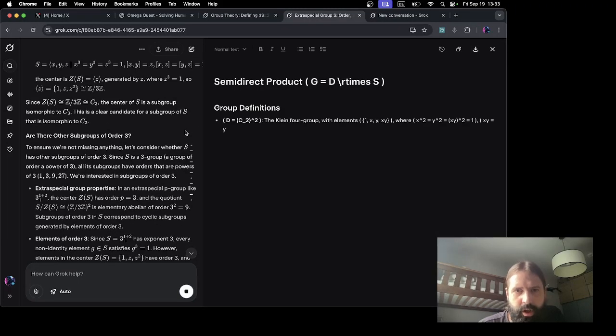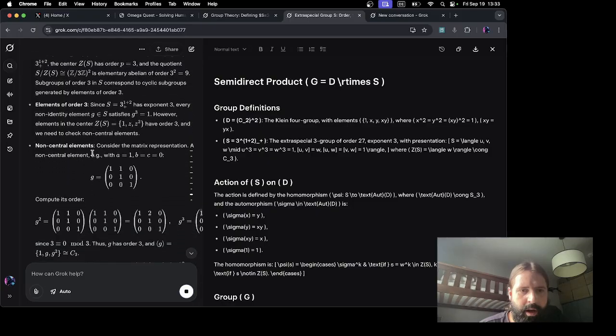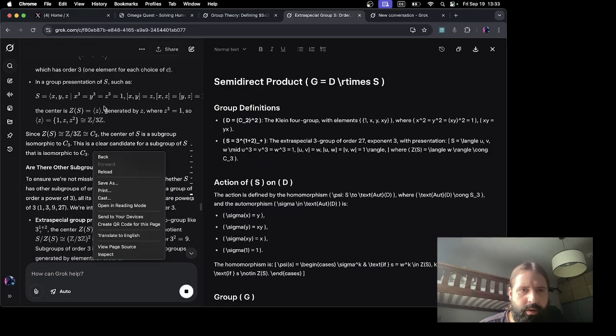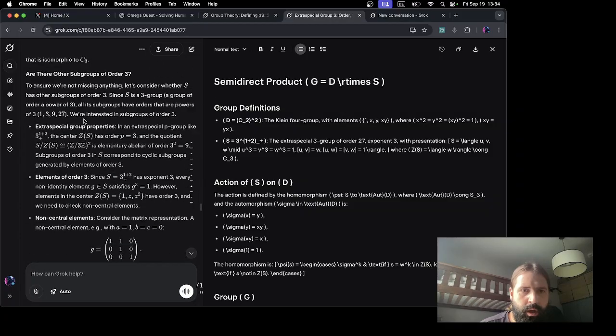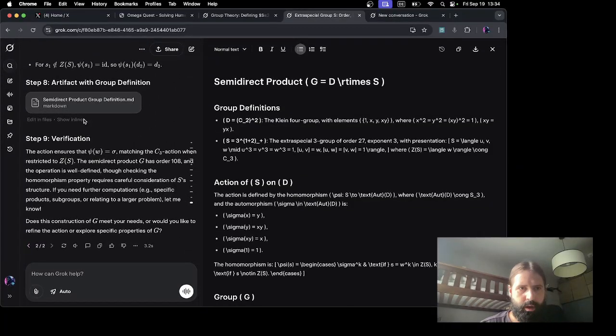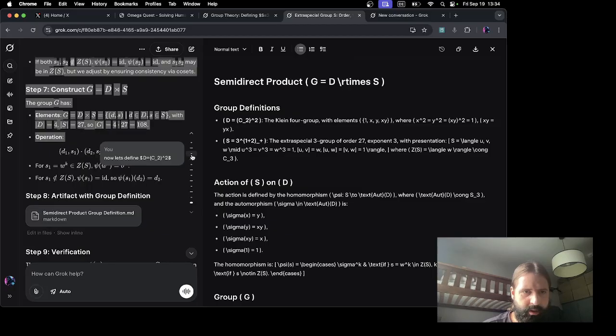Okay, so this is actually nice. Oh wow, wait a second. Okay, so this is good. Verification, this is good. The operation, this is good, this makes sense.